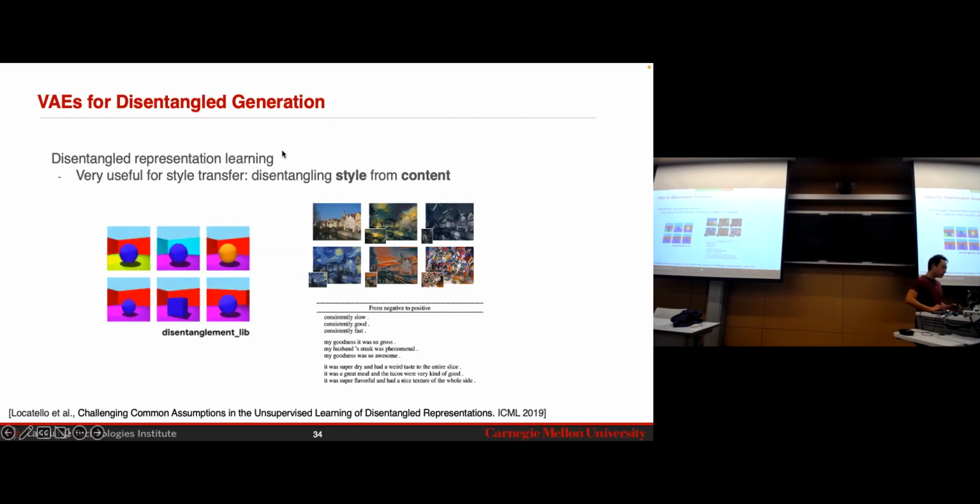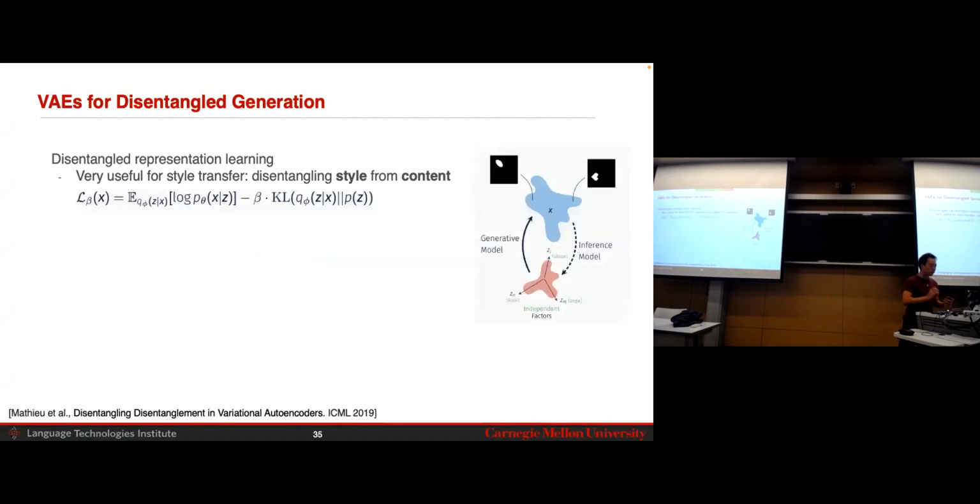So essentially, disentanglement basically means that you want to learn latent variables that are independent of each other, that each are responsible for one independent factor of variation independent of the other variables. And one general recipe for disentangled representation learning using VAEs is to basically control the contributions of both objectives in my objective function. The first objective is the reconstruction objective, how well my latent variable model explains my data based on log likelihood.